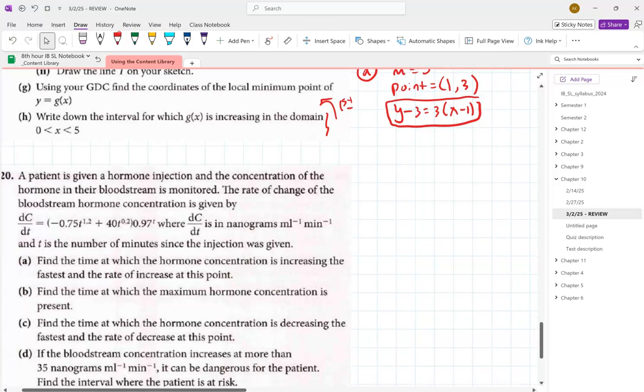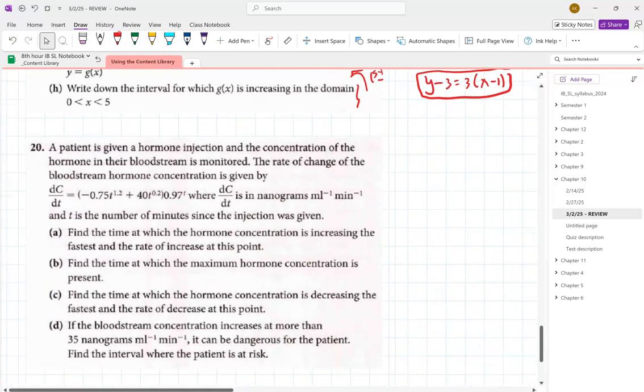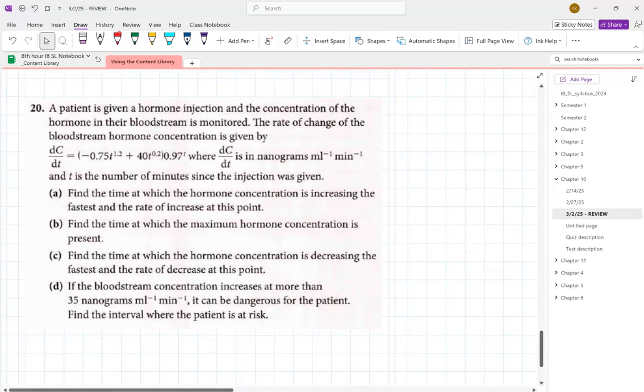But I want to get to this last one because it's another optimization problem. And it's a hard one because of the wording. You really have to think about what's going on here. So, no geometry, Olivia, so you should be excited there. A patient is given a hormone injection and the concentration of the hormone in their bloodstream is monitored.